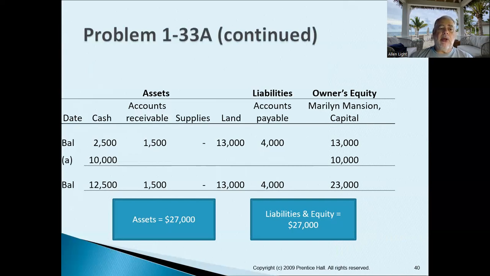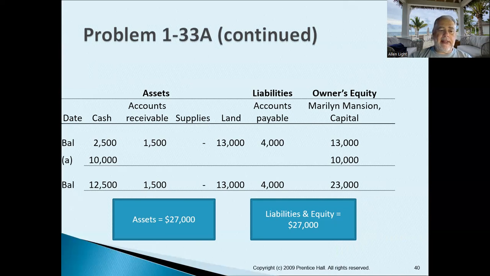So we received cash of $10,000, and we also added 10,000 to their capital. So we've just added 10,000 to both sides of the equation.